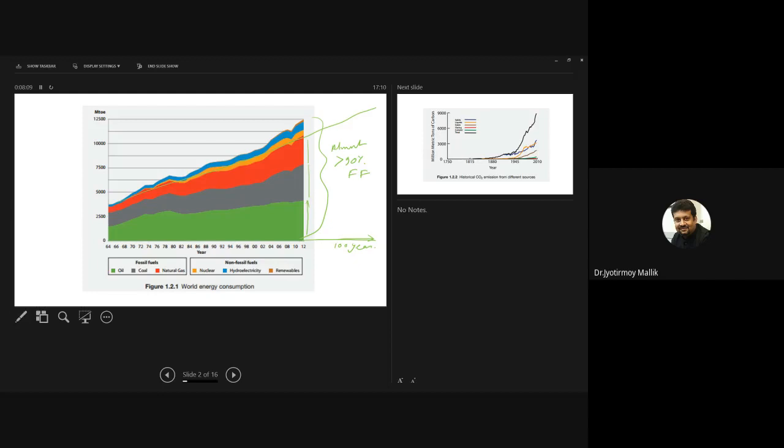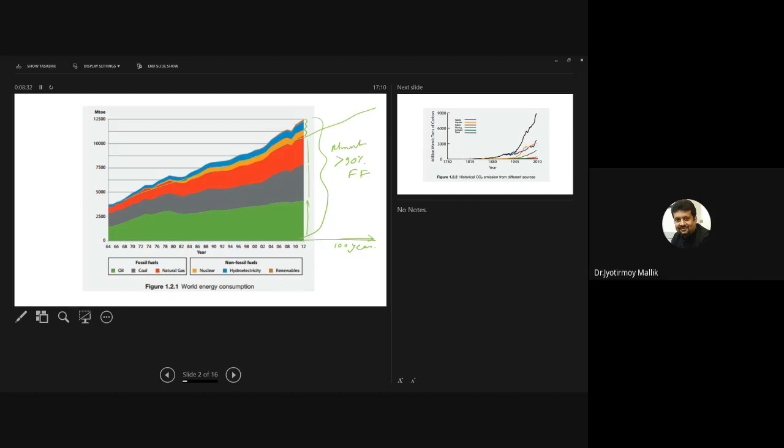The contribution from nuclear, hydroelectricity, or renewables is considerably lower than what we are consuming with respect to the fossil fuels, right? And that is going to stay for some years, as we said, that we are going through an energy transition where fossil fuel, through the gas economy, is going towards the renewable economy.